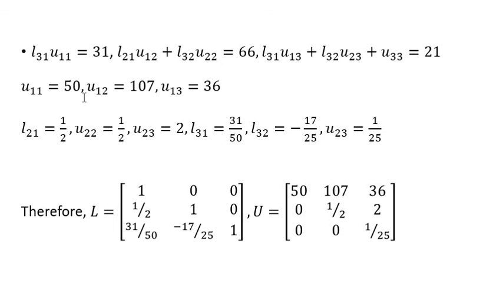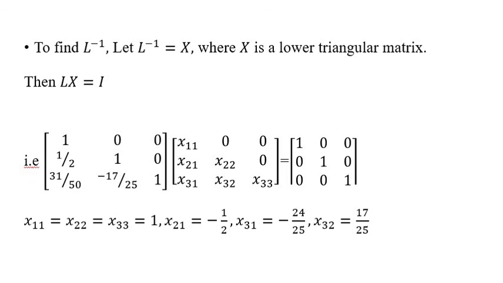After elimination we get U11 equal to 50, U12 equal to 107, U13 equal to 36, and L21 equal to 1 by 2, U22 equal to 1 by 2, U23 is equal to 2, L31 equal to 31 by 50, L32 equal to minus 17 by 25, and U33 equal to 1 by 25. Substituting these values in the matrices L and U, we get the lower triangular matrix L and upper triangular matrix U, which satisfy the required equation.